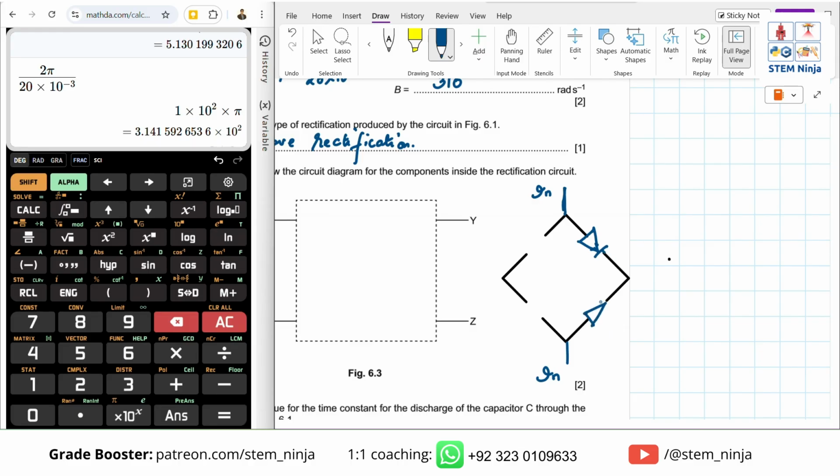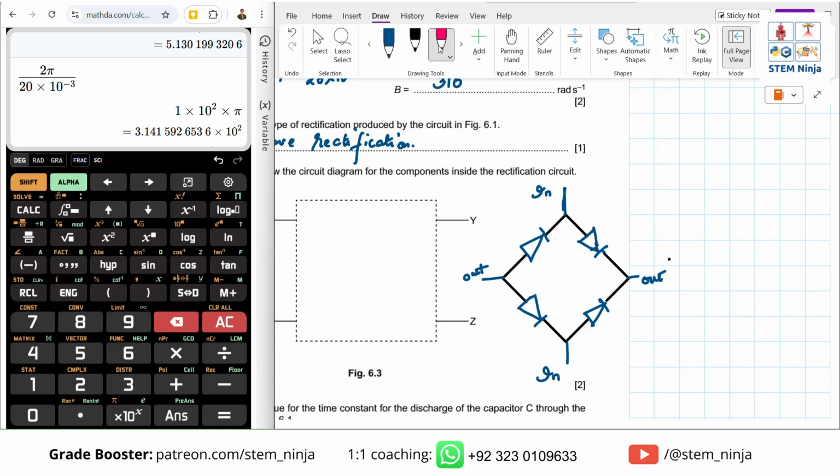And this one, and for this one, it's the other way around. And this one. Okay, and these two will be our output signals.